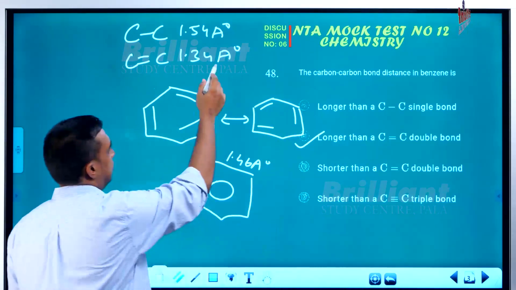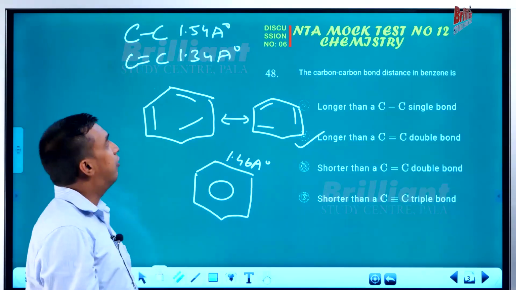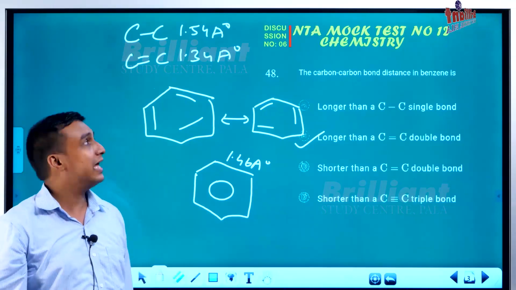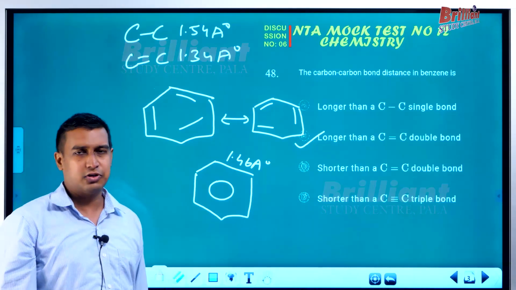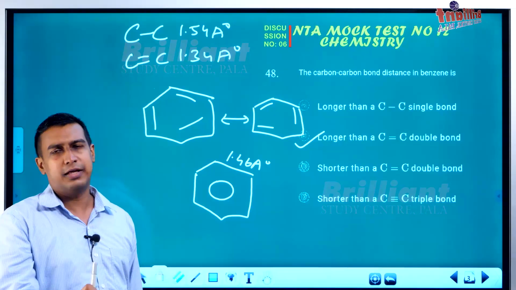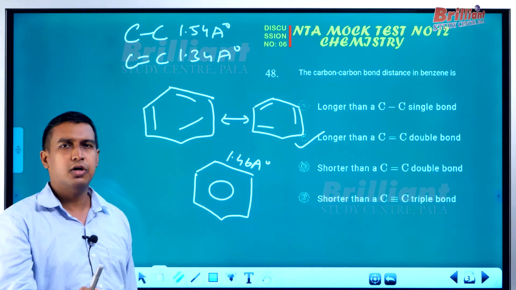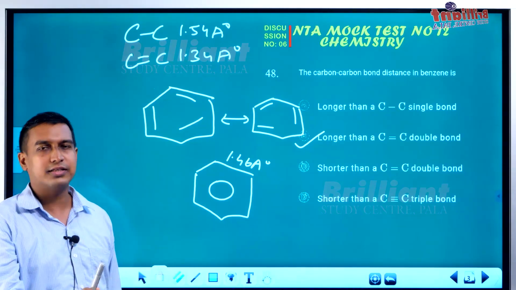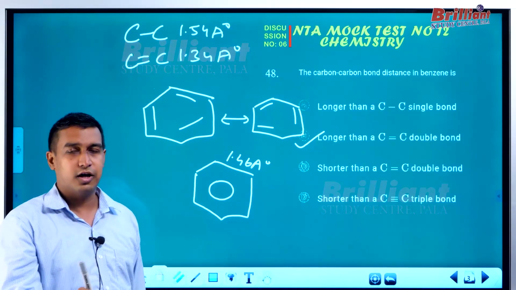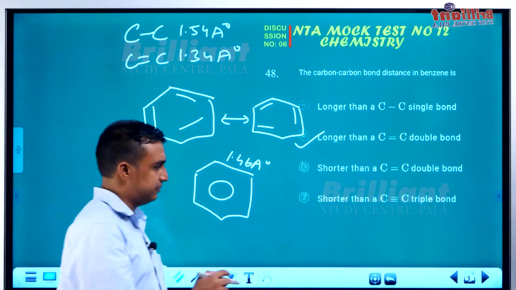Yes, because 1.46 is longer than 1.34 while it's lesser than 1.54 angstrom. This is in NCERT, some basic principles of organic chemistry chapter. It's also there in the hydrocarbons chapter. Coming to the next question.